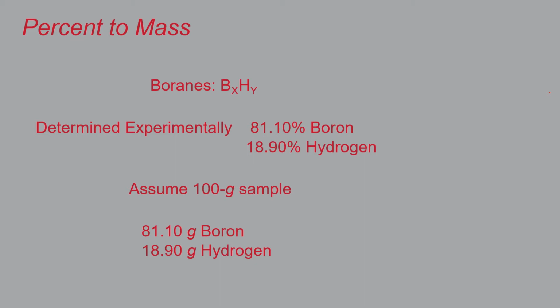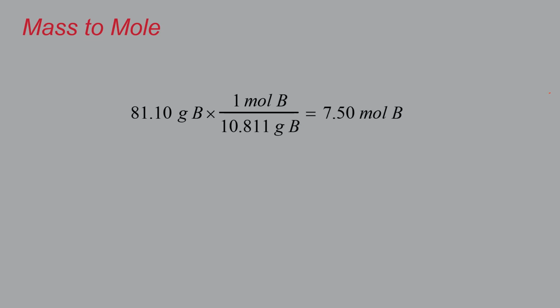So that's that. Second line, mass to mole. All you're going to do is use the molar mass of all the elements to convert the mass to moles. For example, I have 81.1 grams of boron.